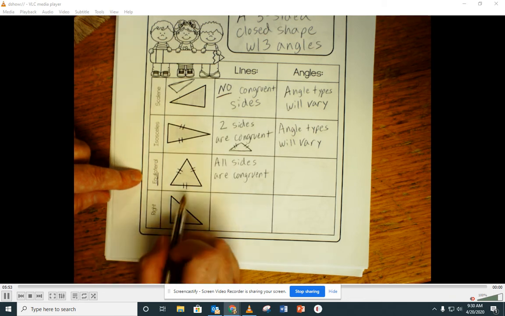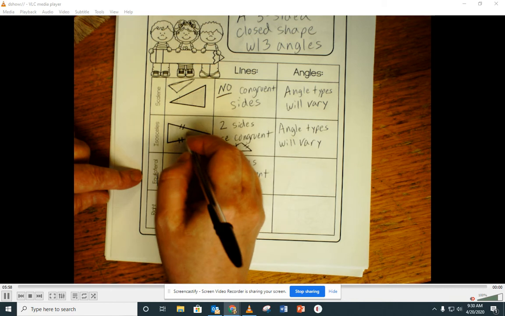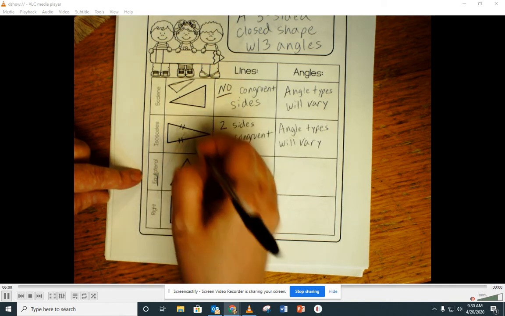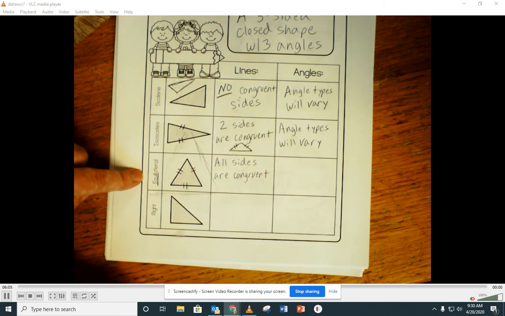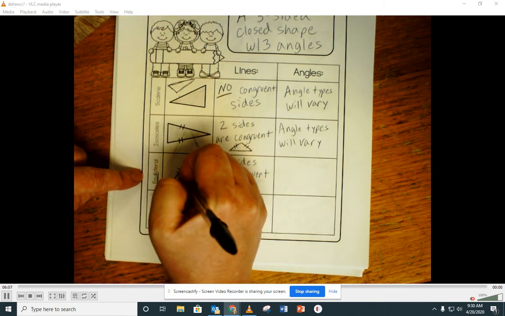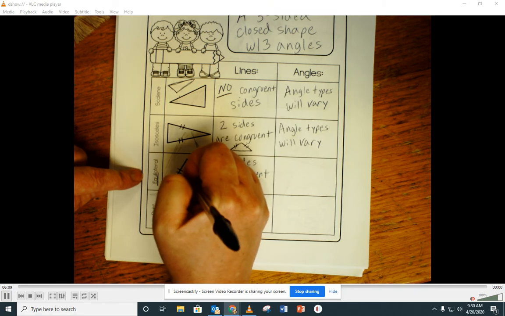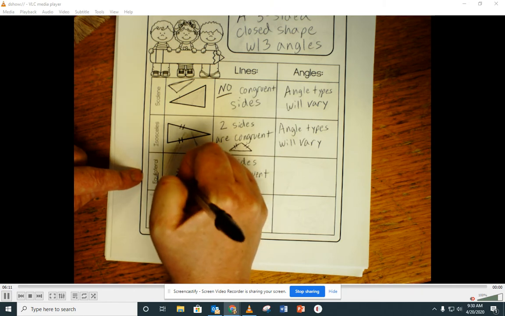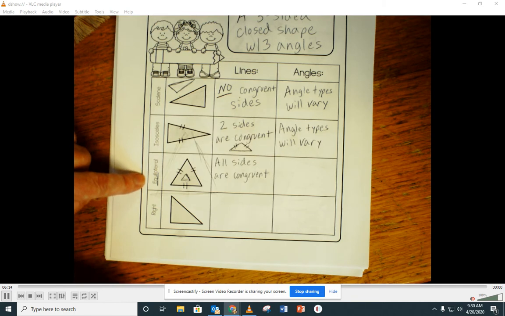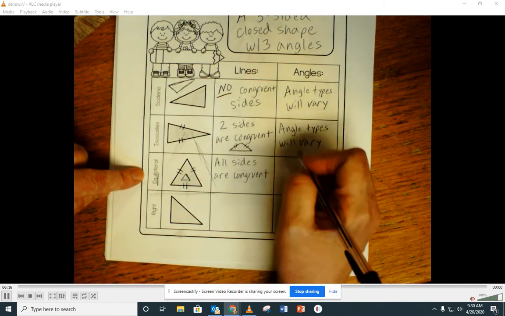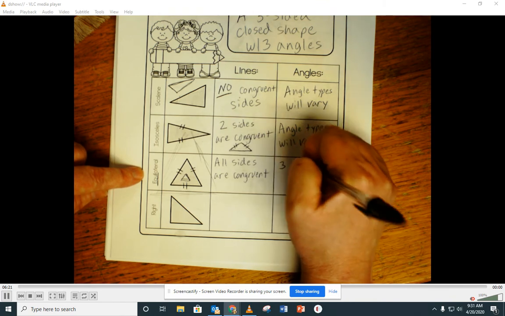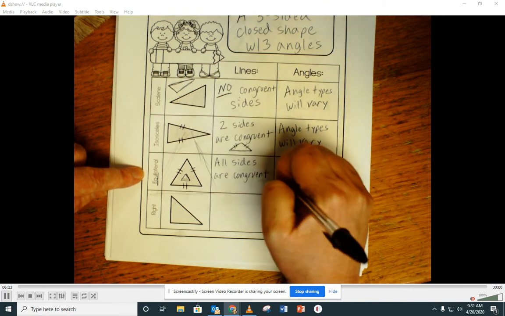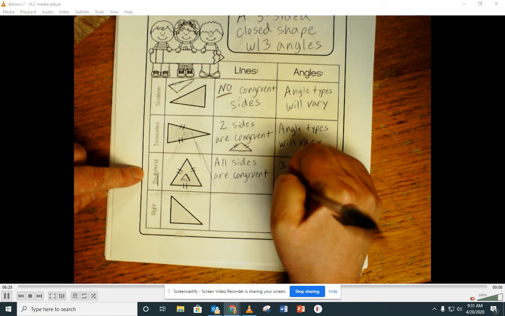So you can have one that's small, but if we make one that's bigger, it's going to just look like a bigger version of that one. So they're similar. If we make a little tiny one, if all the sides are the same length, we get the same kind of shape. So in an equilateral triangle, all of the angles are acute, always.